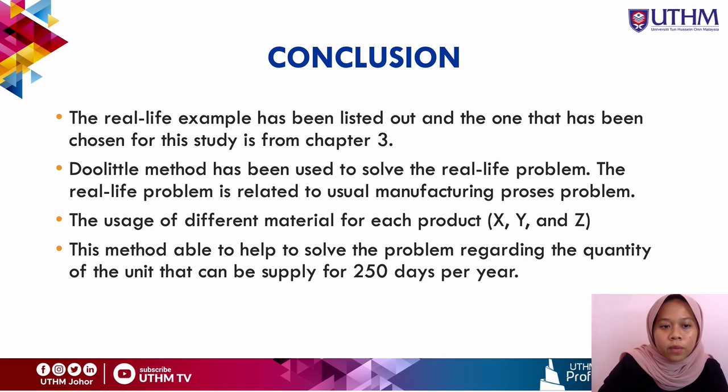The real life problem is related to the usual manufacturing process problem. The problem is the usage of different material for each product, which is X mouse, Y mouse, and Z mouse. So this method is able to help solve the problem regarding the quantity of the units that can be supplied for 250 days per year.